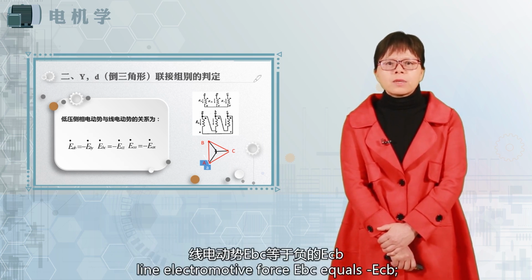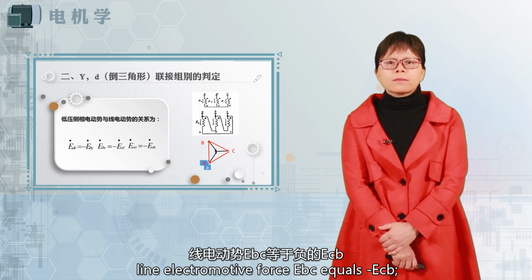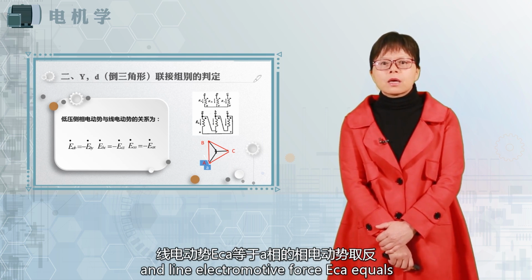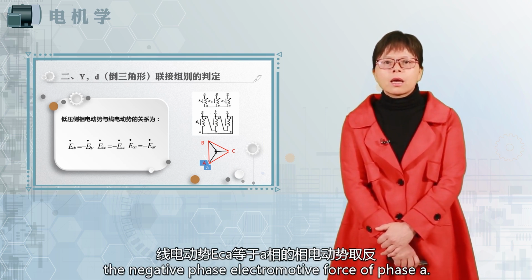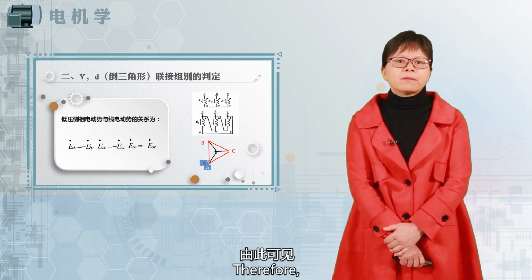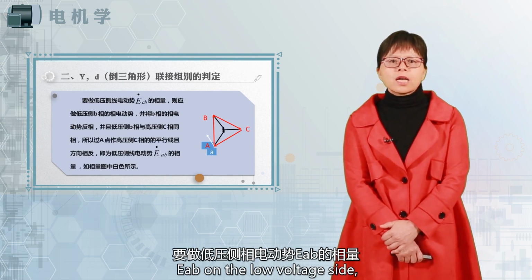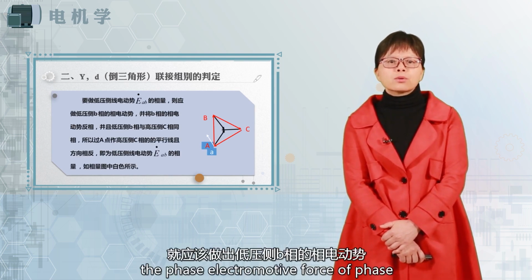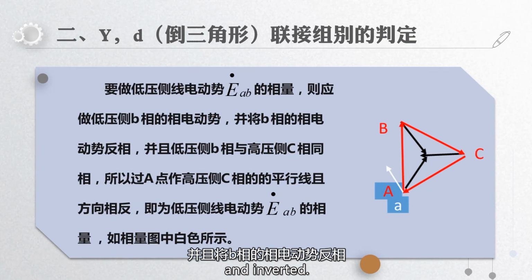Line electromotive force EBC equals negative ECB, and line electromotive force ECA equals the negative phase electromotive force of phase A. Therefore, to draw the phasor of the line electromotive force EAB on the low voltage side, the phase electromotive force of phase B on the low voltage side should be drawn and inverted.